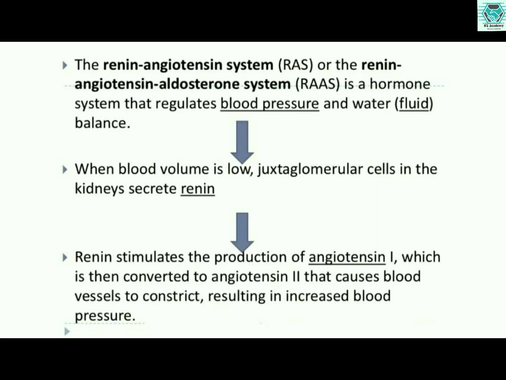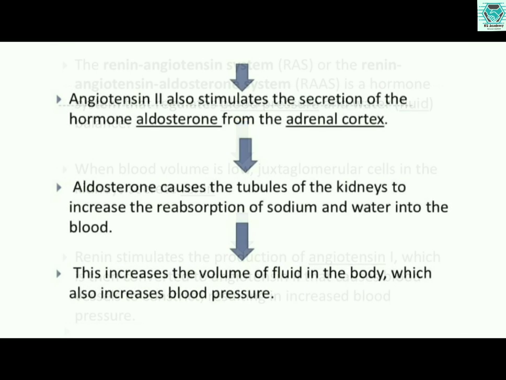This increases the volume of fluid in the body, which increases the blood pressure. So this is the system which normally helps in the regulation of BP. But if you have a high disturbance or imbalance, then we have to combat it by taking medicine. So the renin-angiotensin-aldosterone system is a very important system which is carried out by the hormone aldosterone.